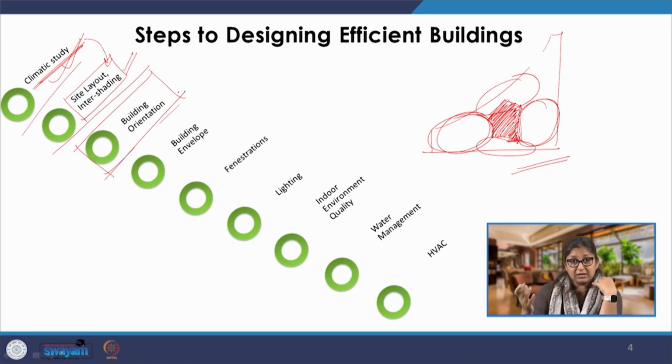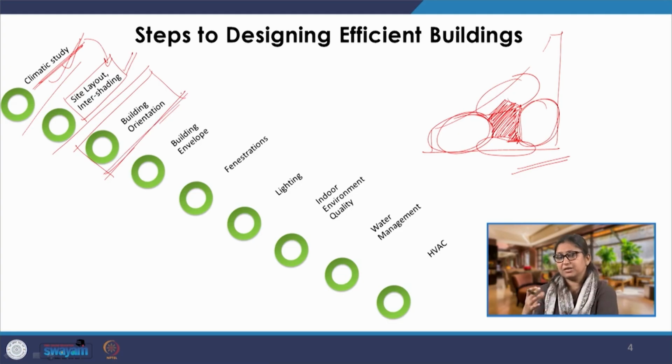If we are in the southern hemisphere, the entire concept reverses. So, depending upon our geographic location, depending upon our altitude and a lot of other factors, it will be decided how much of sun is required, and accordingly the building orientation should be fixed.